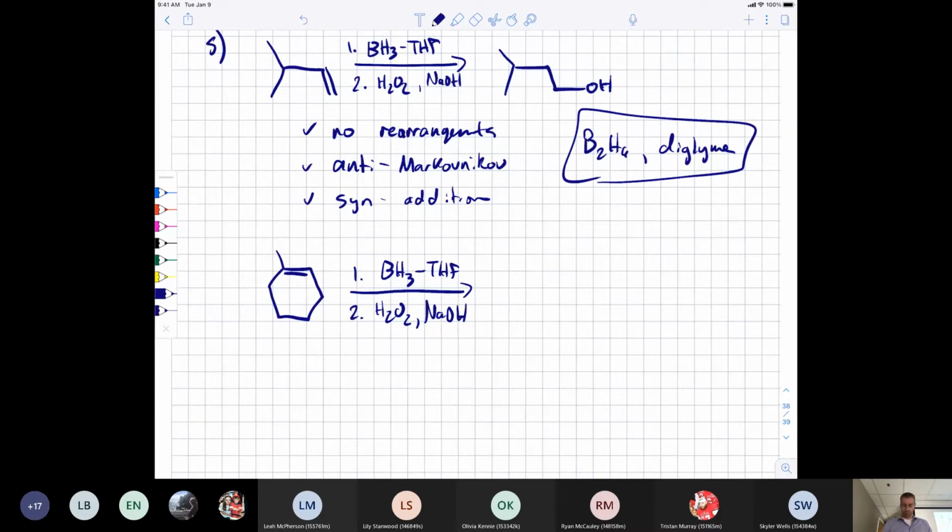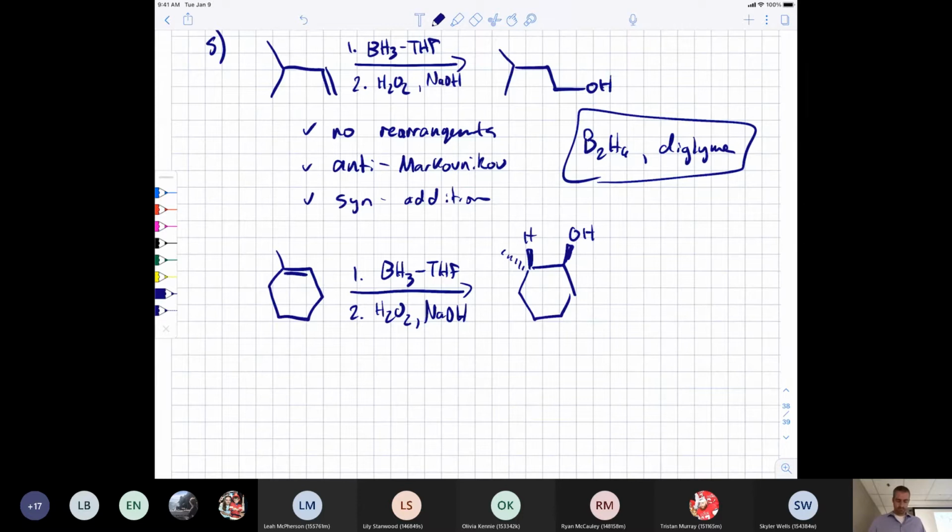Same thing. What this product would be: syn addition. So the hydrogen, if it goes in front, the OH will also go in front. And the CH3 that was originally there will be going back. So the OH goes syn.